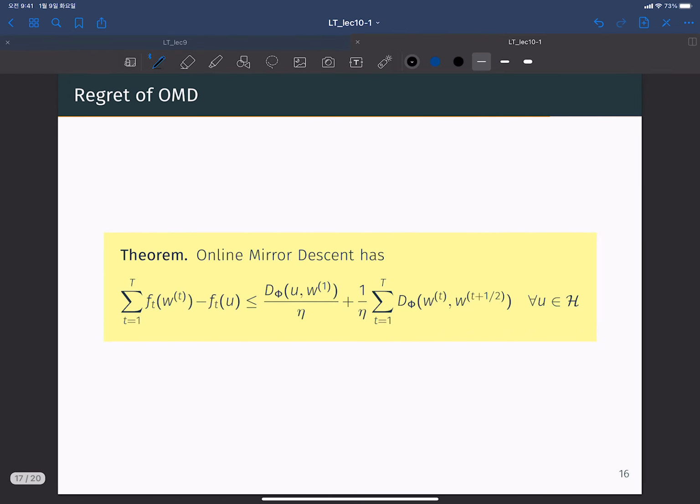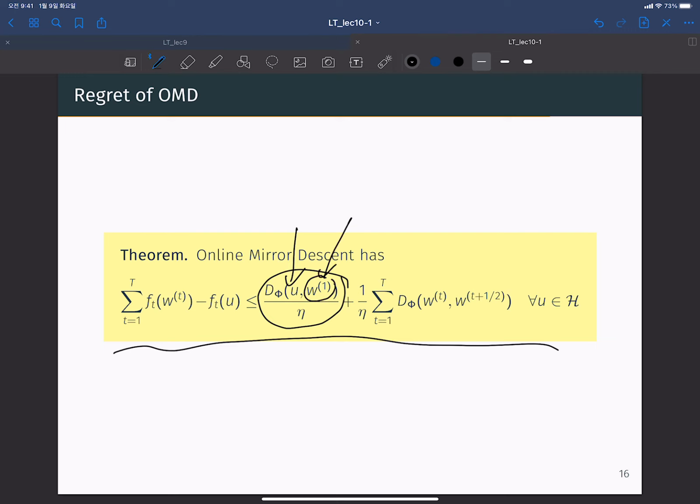And this is the performance. Online mirror descent has this regret upper bound. When you look at this, there are two terms. The first term is the Bregman divergence between the optimal fixed policy u and our initial point w_1, plus 1 over eta times the Bregman divergence between the previous time slot and the mirror descent updated point.